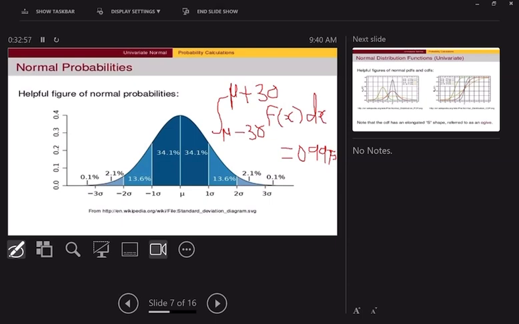This is what is called the empirical rule.